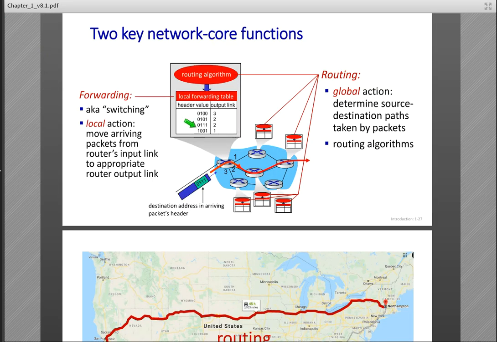I'm looking at this table, the third row. For destination address 0111, the output link is 2. It means that this packet should be forwarded through the outgoing link 2.